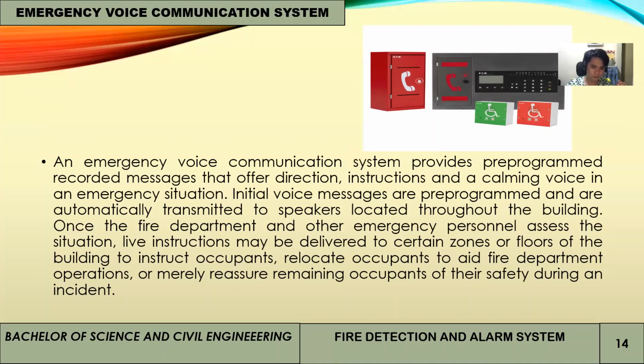Once the fire department and other emergency personnel assess the situation, live instructions may be delivered to certain zones or floors of the building to instruct occupants, relocate occupants to aid fire department operation, or merely reassure remaining occupants of their safety during an incident.